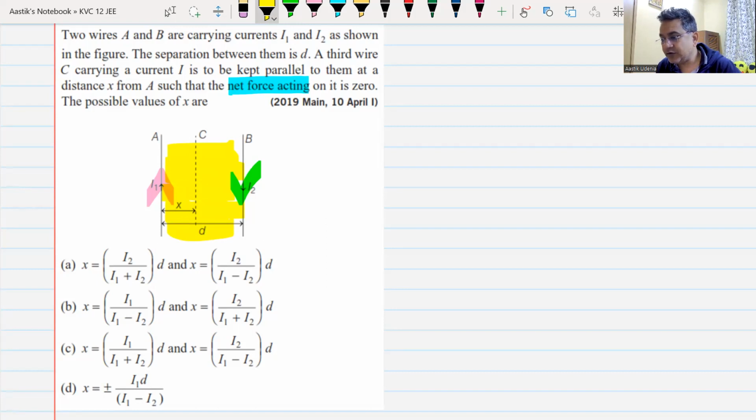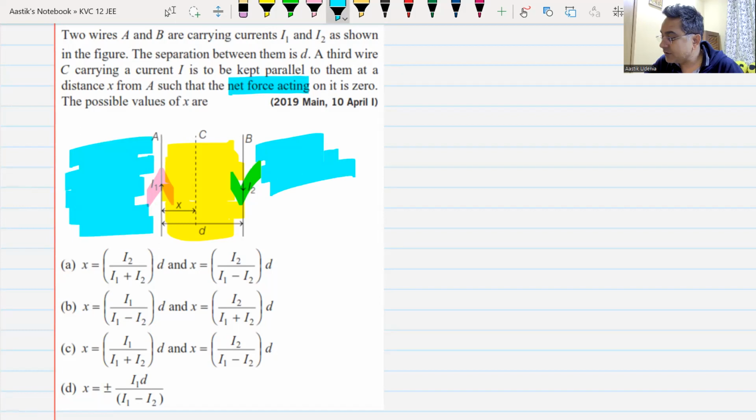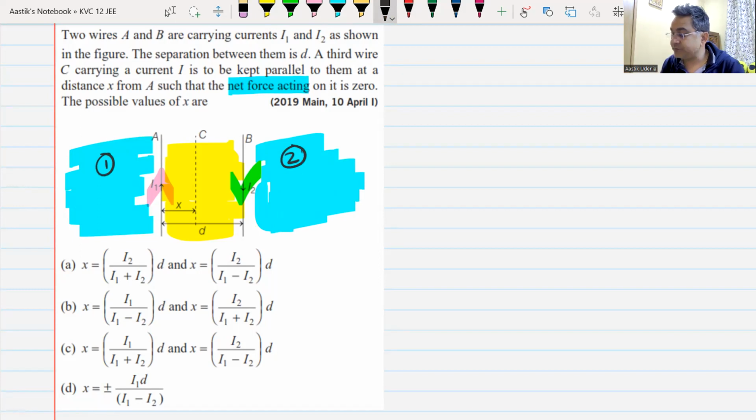Where is the field going to be zero? Outside. So it can be zero here, or it can be zero here. Now, on what factor does it depend whether it's zero here or zero there? Zero here in region 1 or zero here in region 2?